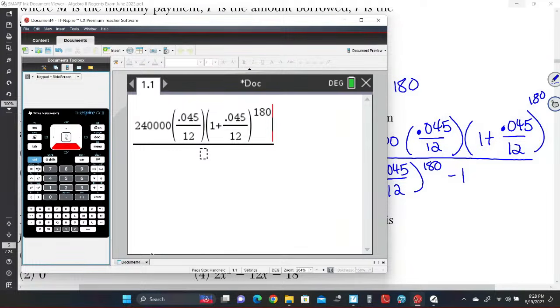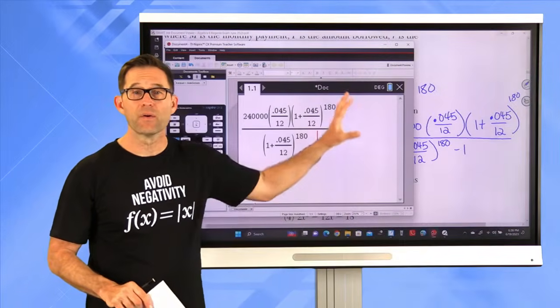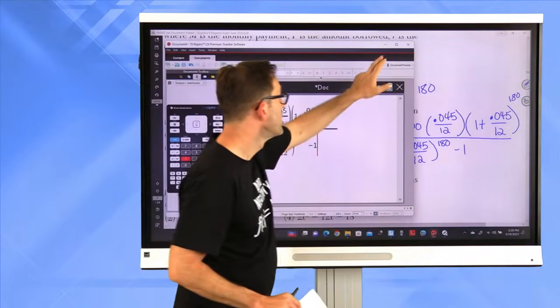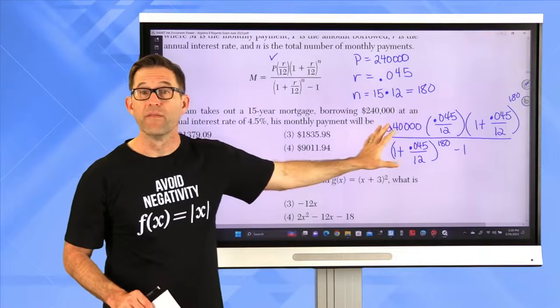That's the number of monthly payments. That's my numerator. My denominator, 1 plus, again, my fraction, 0.045 divided by 12, raised to the 180, and then minus 1. So before I hit enter, that mess is all of this.